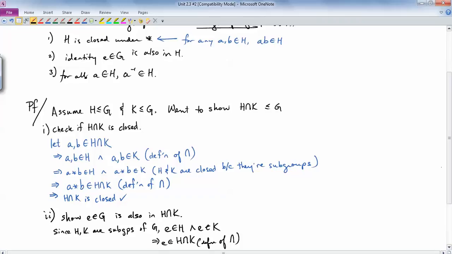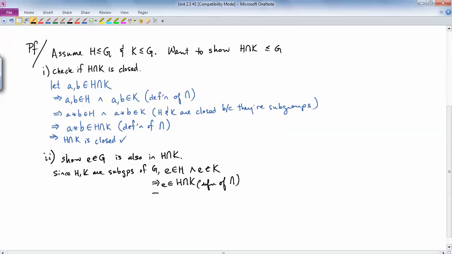Therefore the identity E of G is in H intersect K. So we're done with that part.